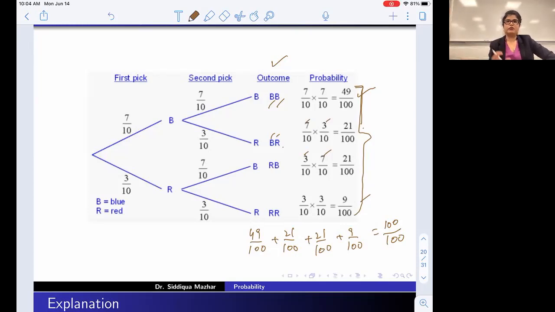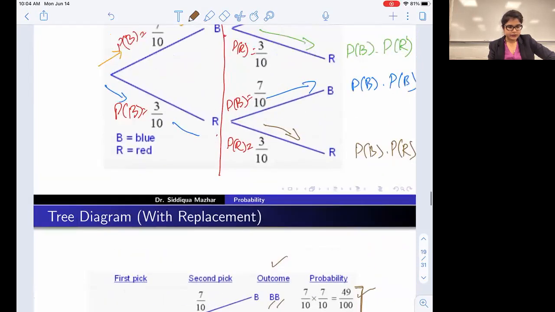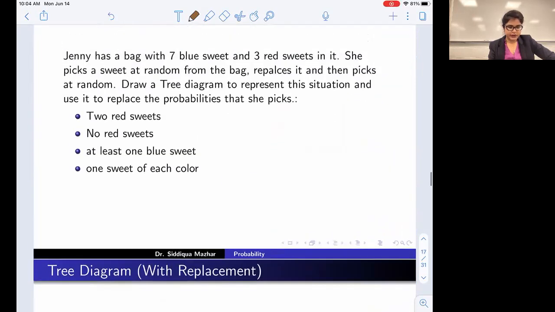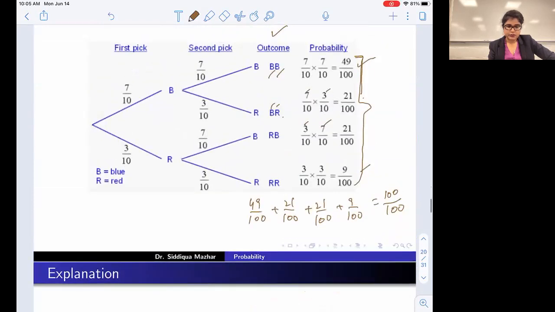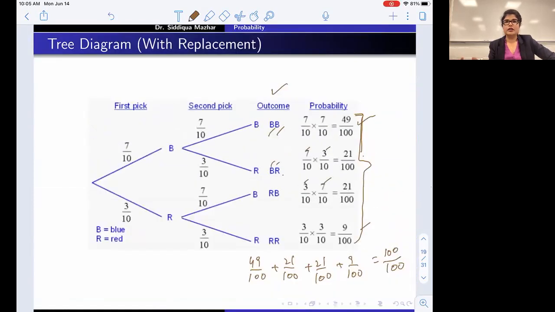But you need to make sure whether your experiment is conditional or unconditional. So the next question: no red sweets. It means it has to be blue, blue. Blue, blue is the only experiment that has no red in it. So that probability is 49 out of 100.